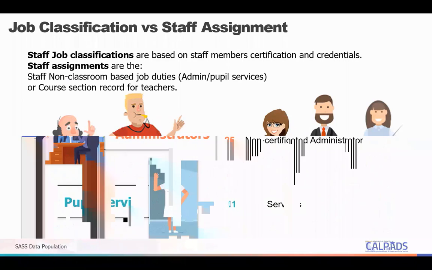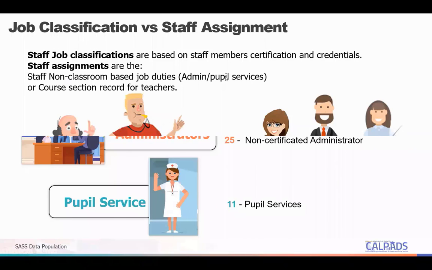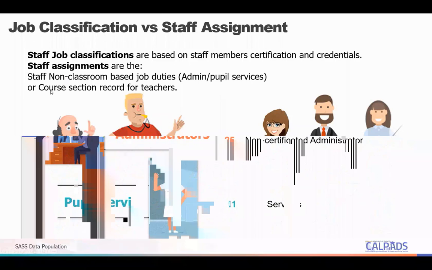So for admin and pupil service staff, the staff assignments will be their non-classroom based job duties, which are probably a principal, a counselor, psychologist, mentor teacher. Then of course for teachers, you have your course section record, which then assigns them to a class.